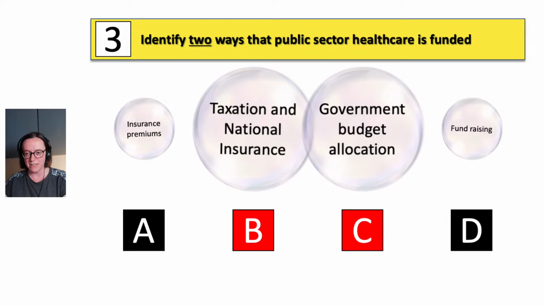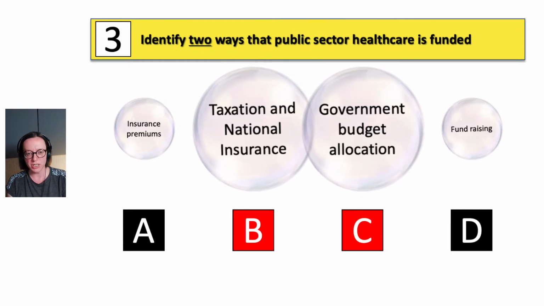Okay, Libby says charities and voluntary. Which one, Libby? A or D or both? And anyone else want to wade in as well? Anyone that's quick at typing? Okay, so A, insurance premiums. That's one of the ways that private healthcare is funded.